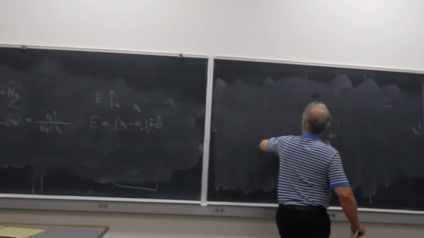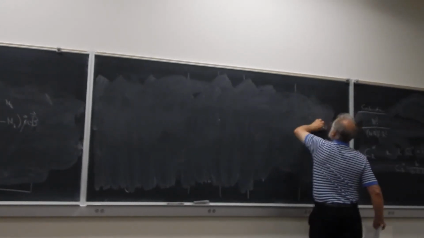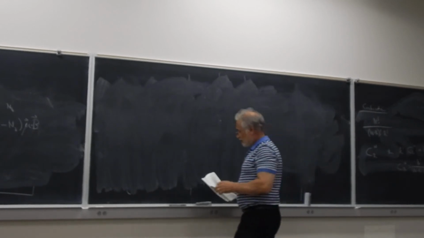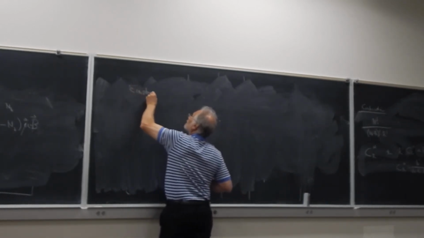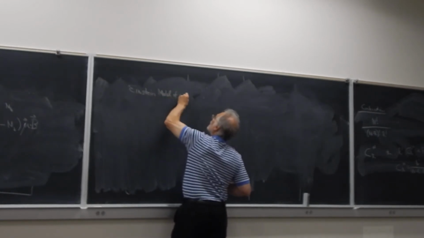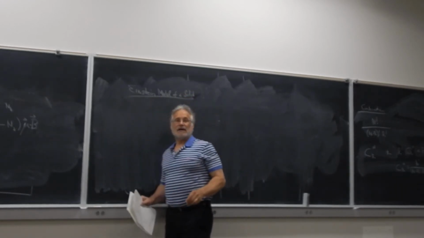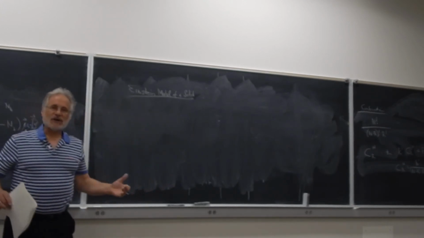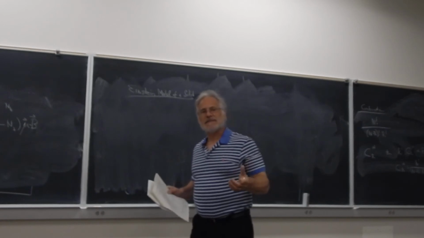A second example of this is what we call the Einstein model of a solid. Now we're going to study the Einstein model much later in the course when we look at specific heats of solids.